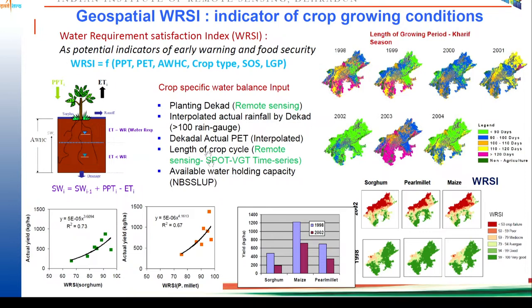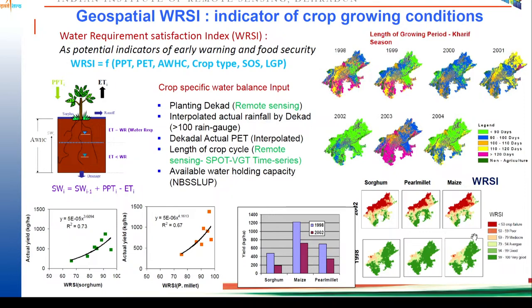All these remote sensing derived parameters you can integrate to derive the water requirement satisfaction index for different crops, and this can be used as an indicator of good crop, fair crop, bad crop, or failure of the crop.